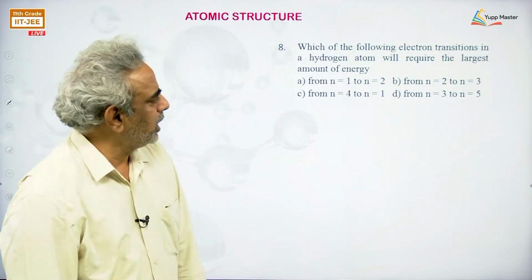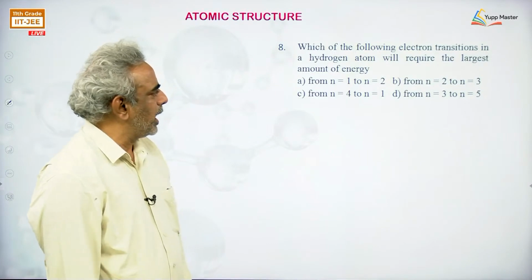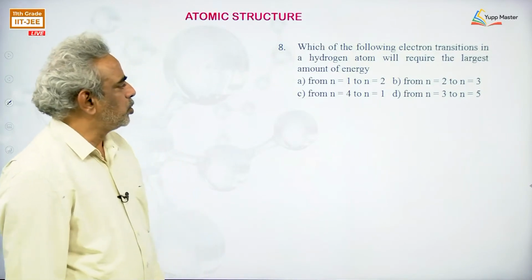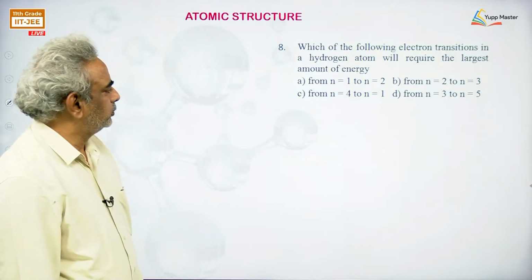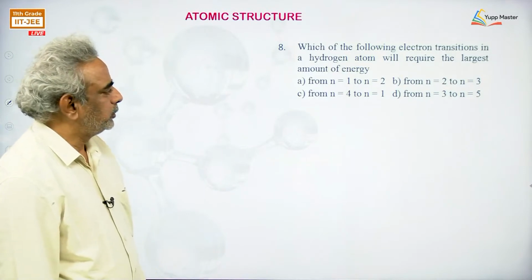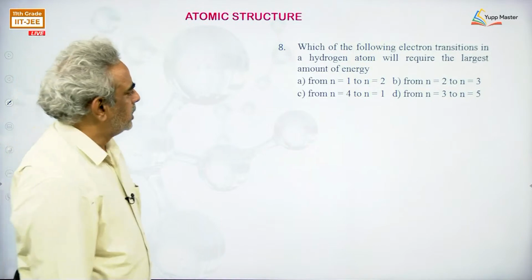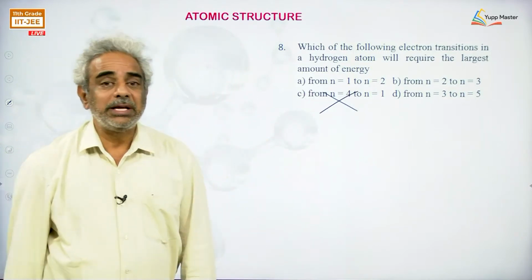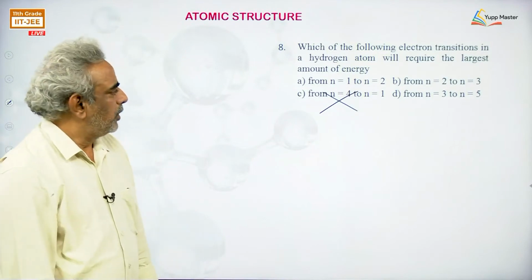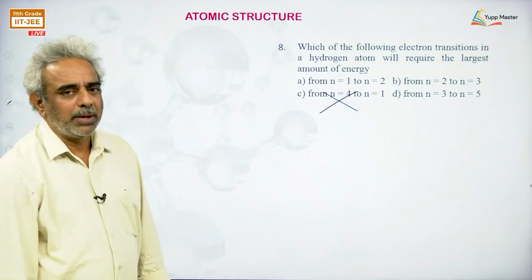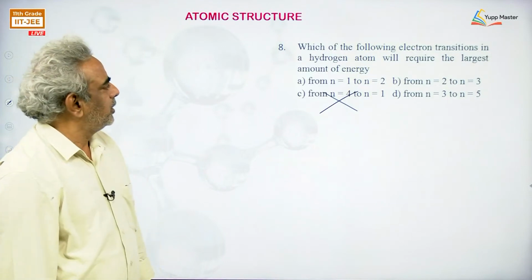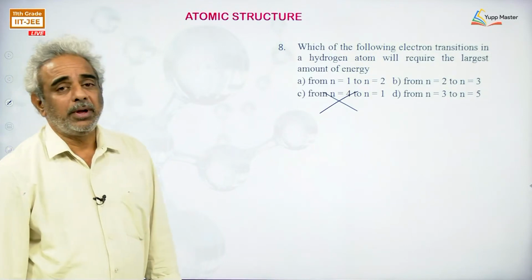Which of the following electron transitions in hydrogen atom will require the largest amount of energy? So, 1 to 2, 2 to 3, 4 to 2, 3 to 5. This is ruled out because 4 to 2 transition will release energy. 1 to 2 absorption, 2 to 3 absorption, 3 to 5 absorption. He wants the largest energy.